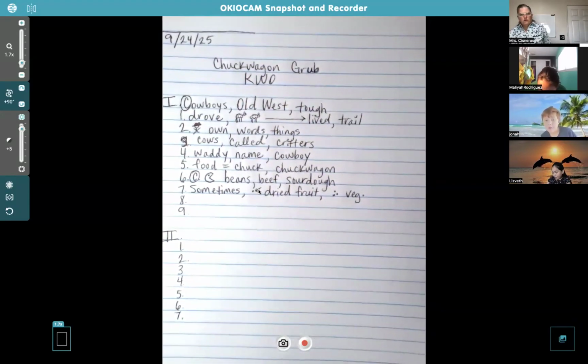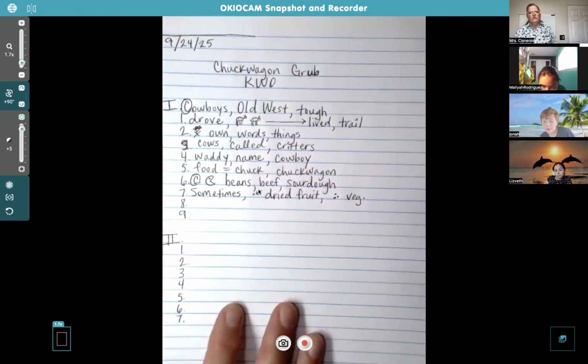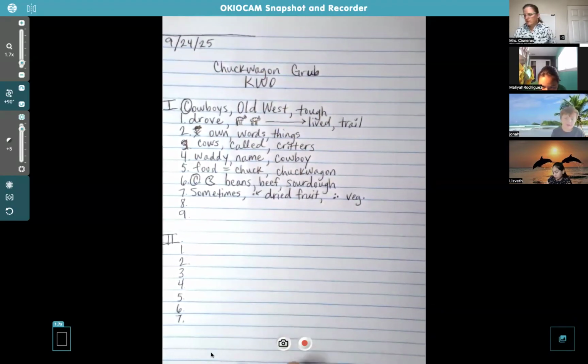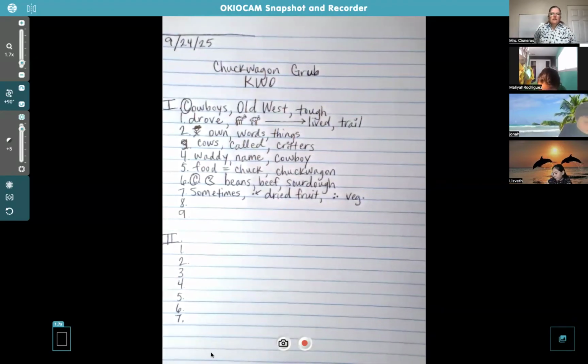Can you move your mouse? Oh, there you go. So, that's how Lizbeth wanted to do it. But like I said, if you want to do it different, you can. But go ahead and do 8 and 9 by yourself.